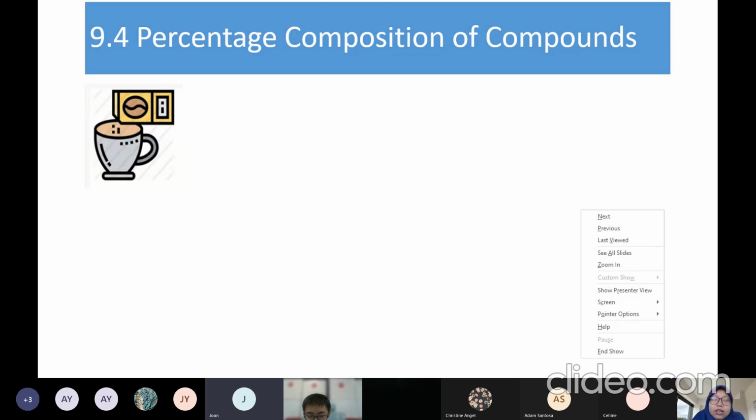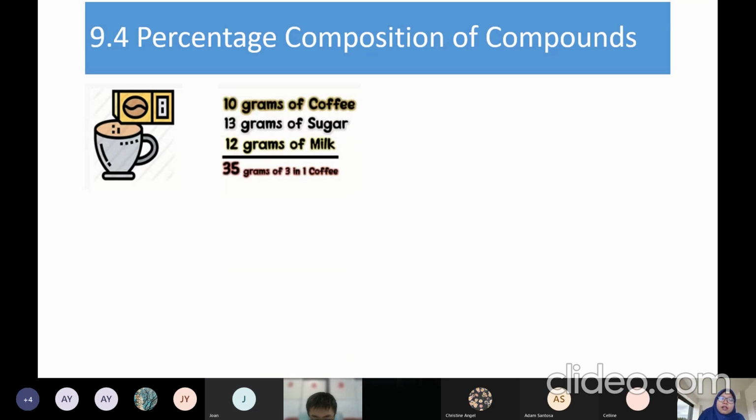Yeah, it consists of sugar, coffee, and cream. It can be cream or milk. 3-in-1 coffee consists of sugar, coffee and milk.